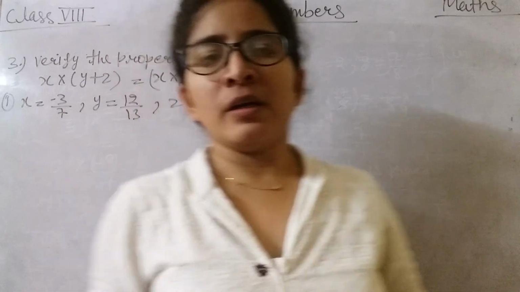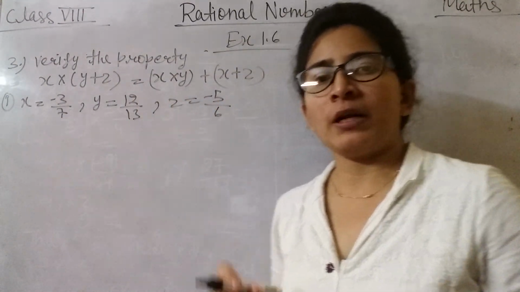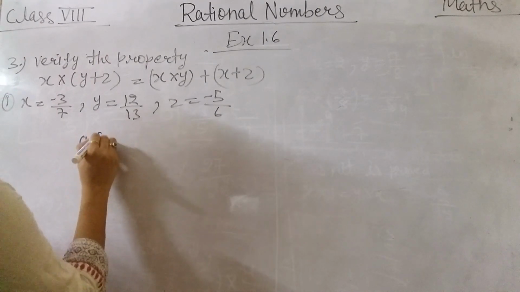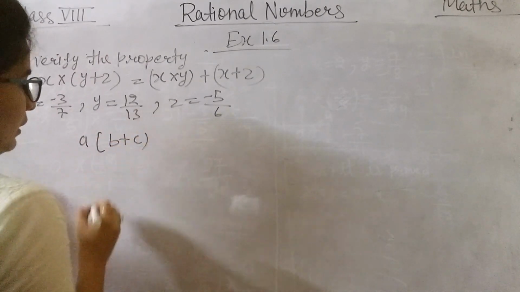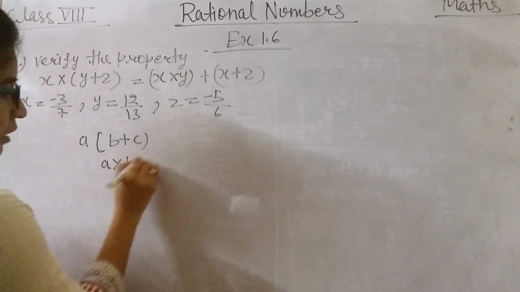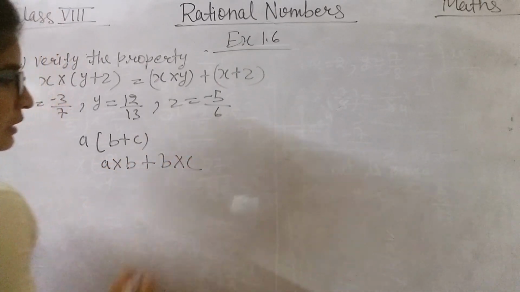Now students, recall the distributive property of multiplication, where a number a into b plus c is equal to a into b plus a into c.